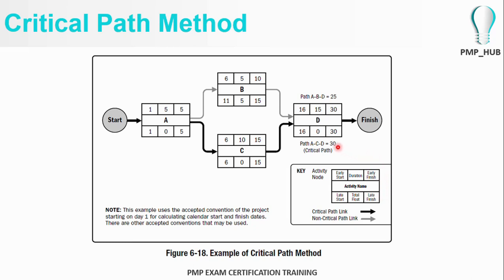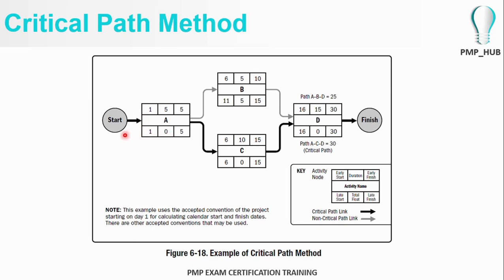Under that, the float is calculated with the difference between early start date and late start date, early finish date and late finish date. So in here, the float is 0 because 16 minus 16 is 0. The float is 5 days, 11 minus 6 is 5 days. The float is 0 again, 6 minus 6 is 0. And the float here is 0, 1 minus 1 is 0.